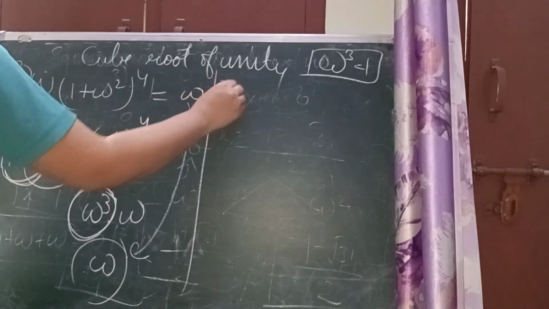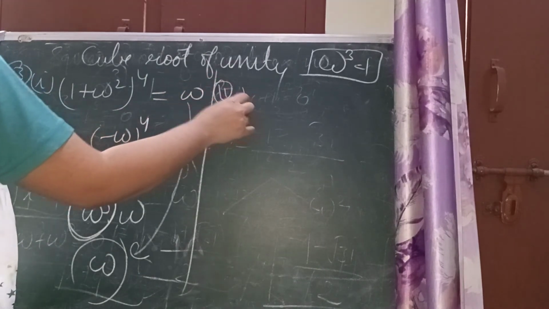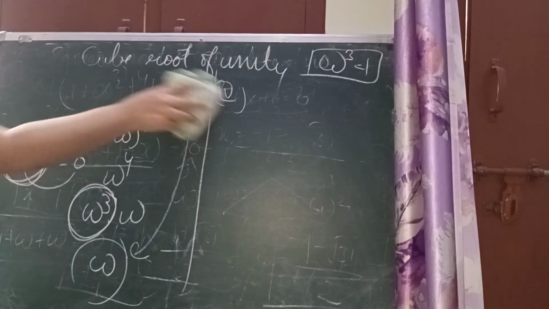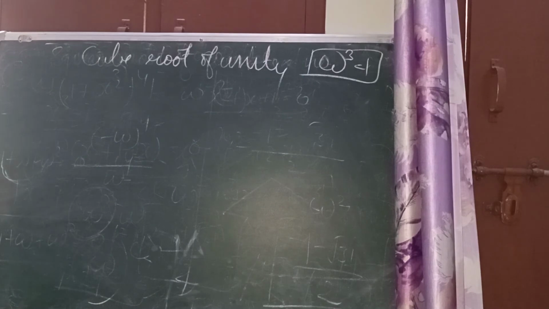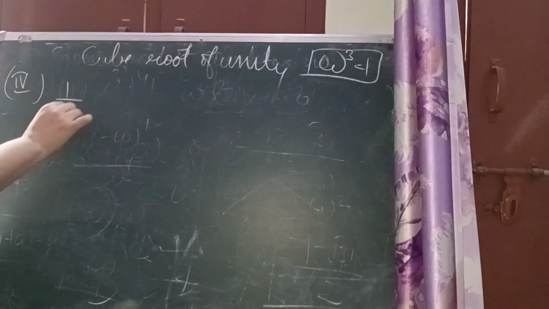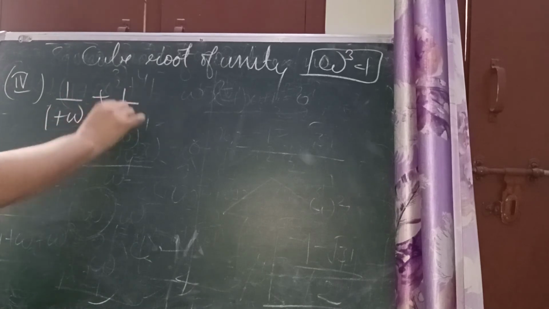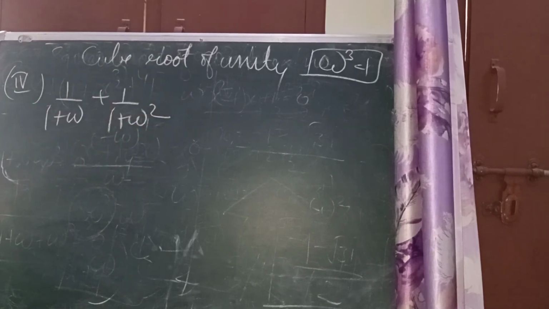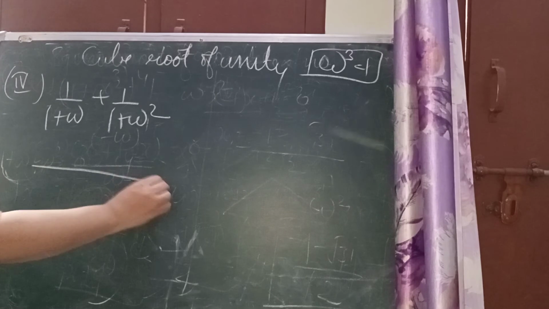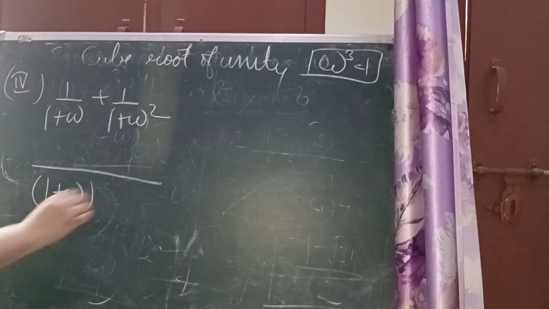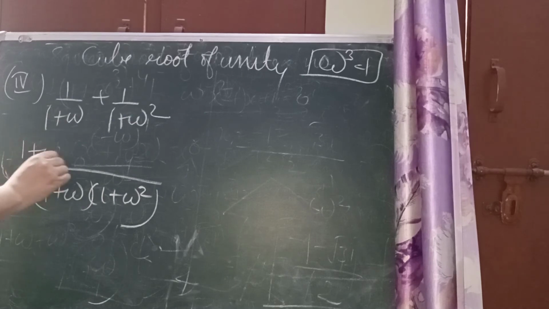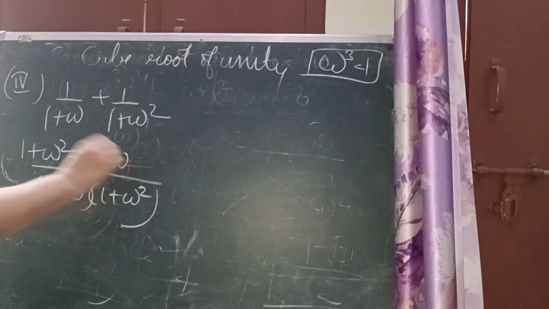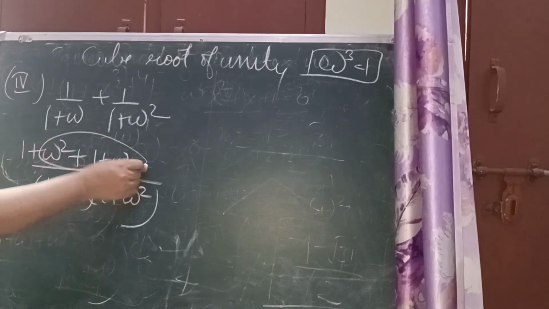Another, it's the fourth part I am telling. It was given 1 upon (1 + omega) plus 1 upon (1 + omega square), and we have to prove it equal to 1. Let me take the LCM. It's (1 + omega)(1 + omega square). So here it will be (1 + omega square + 1 + omega) upon it. What is this numerator?